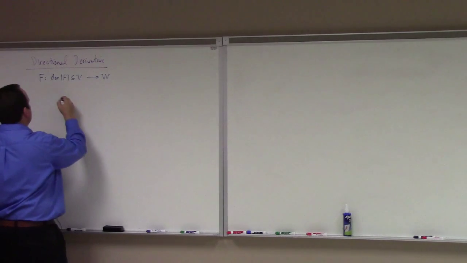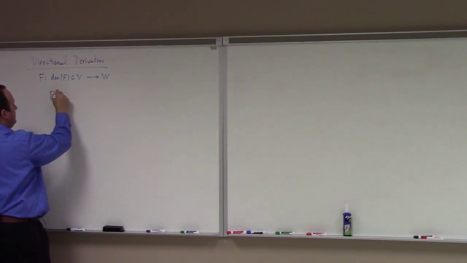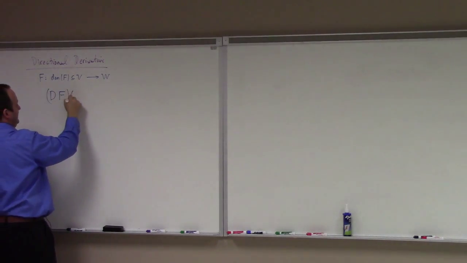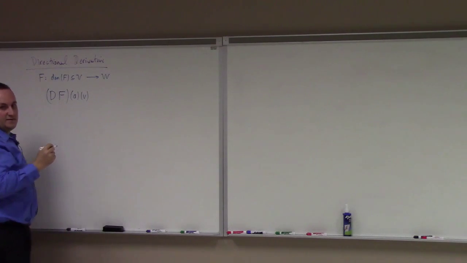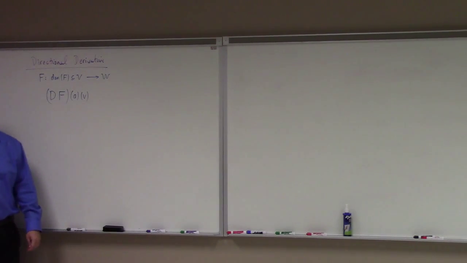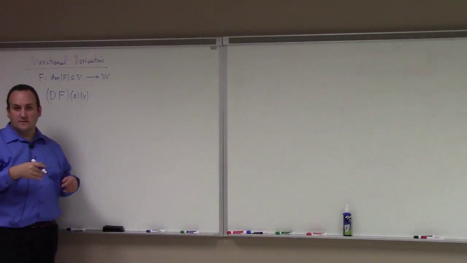I'm going to use a big D for the directional derivative, big D f at the point A in the direction V. I know it's an obnoxious notation, but that way we'll have a clear separation of it in our mind from the differential notation, which is something different.